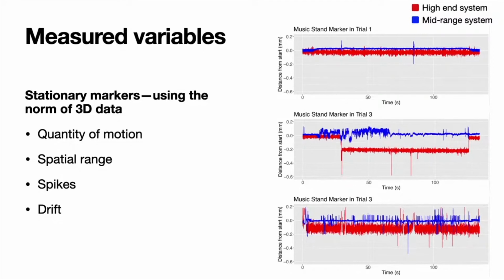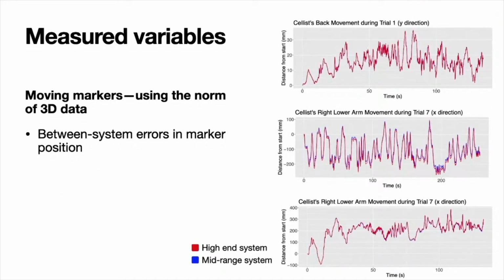At left, I've listed the variables that we looked at for stationary markers, which I will explain in a moment. For moving markers, at right you see a few example trajectories of some of the cellists' markers. These are also represented in terms of their distance from their starting positions.